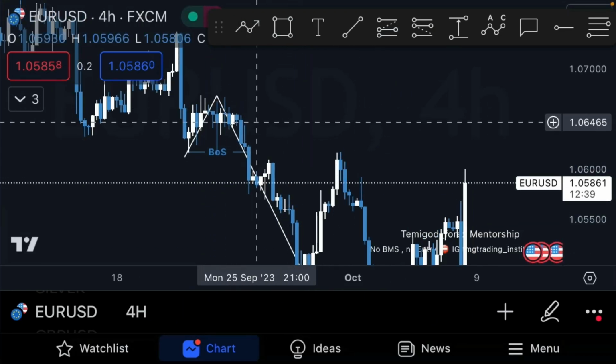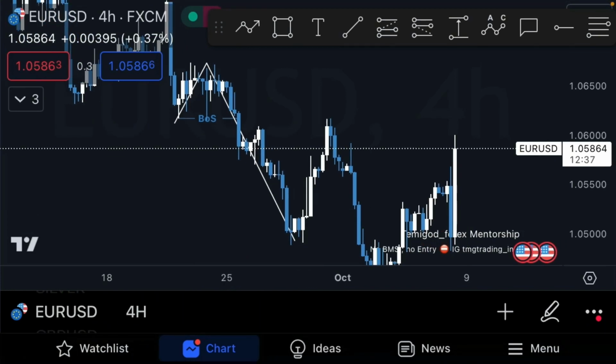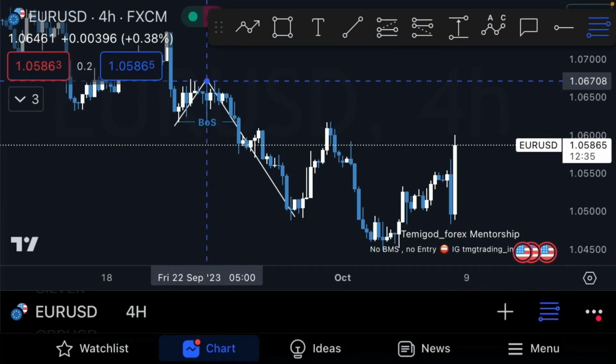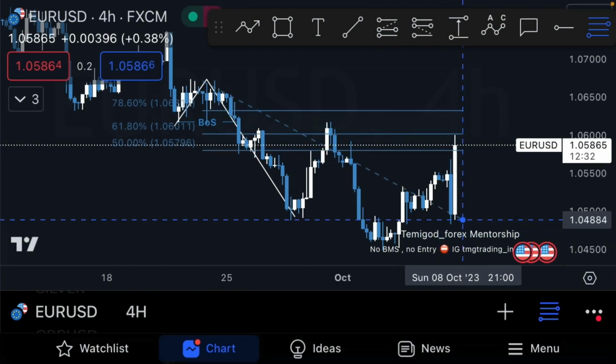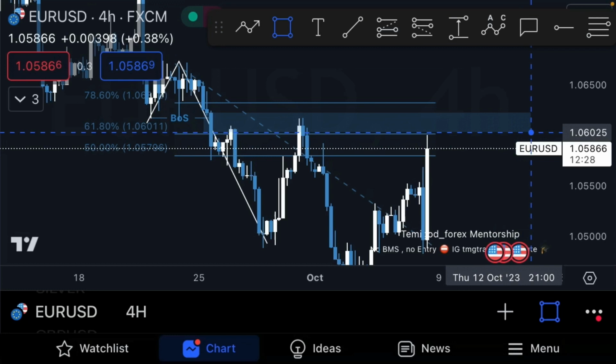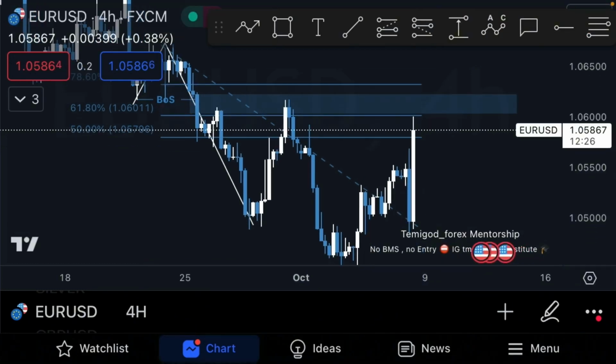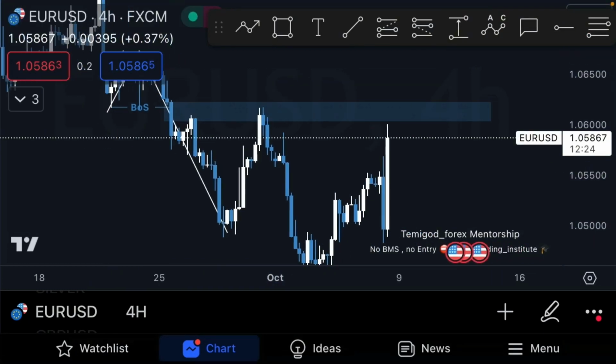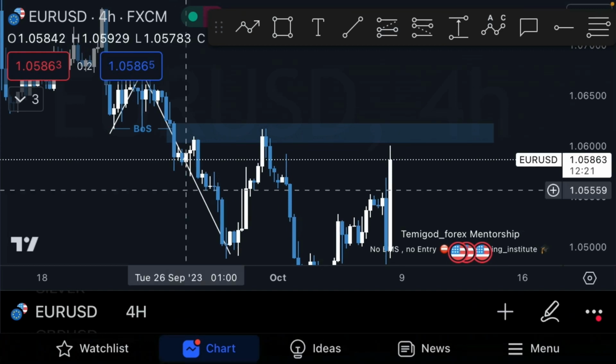So as soon as the prices return back to that imbalance area, we had that area be a supply zone. So this is what I mean by a supply zone, leaving an imbalance.